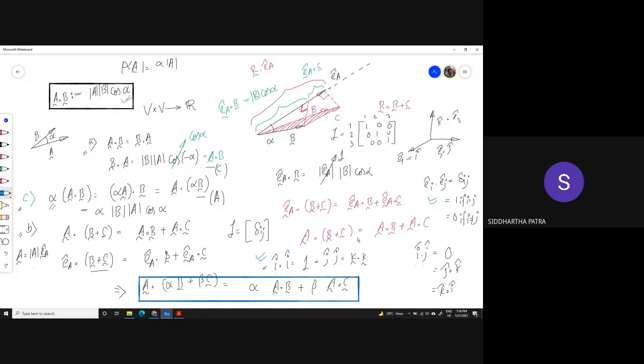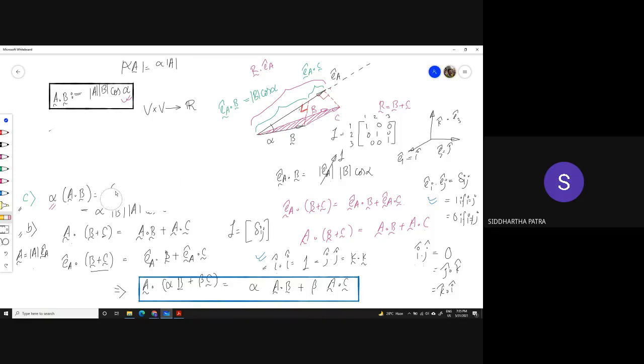With that, we'll proceed to the most familiar expression of the dot product, which is summation a_i b_i.